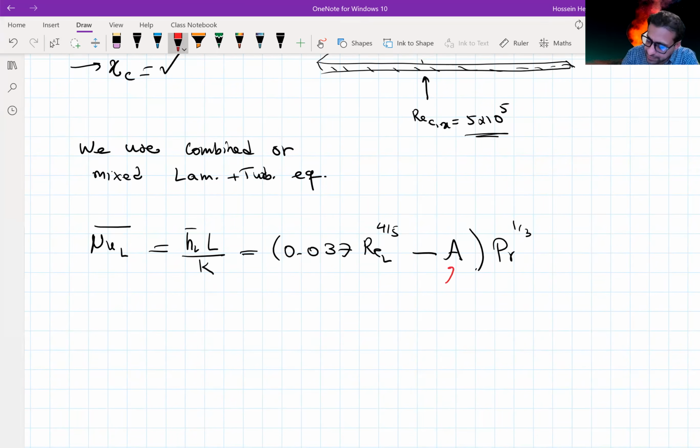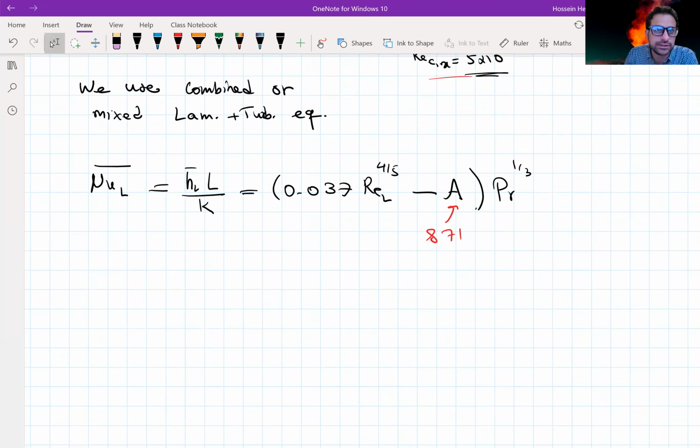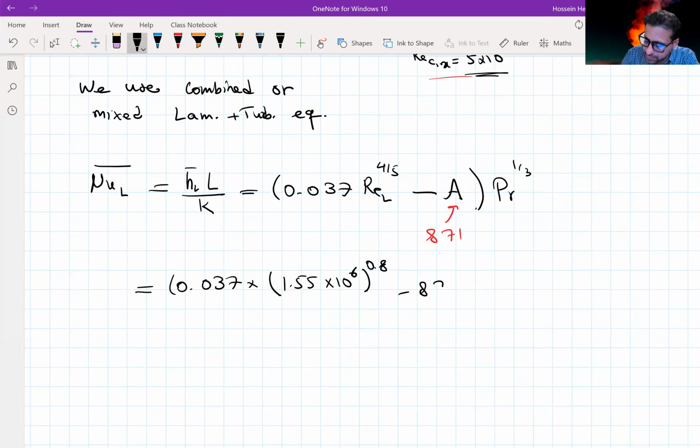Since we are dealing with the flat plate, and most probably for most of the cases we are going to use the same critical value, you can simply replace this one by 871, as shown in the previous part of the lecture. So if I do the replacement here, it's going to be 0.037 times 1.55 times 10 to the power 6, to the power of 0.8, minus 871, times 0.7 to the power 1/3.